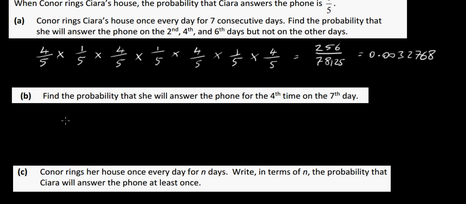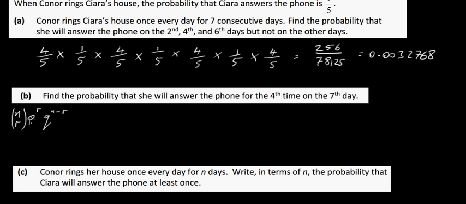So the way we do that is we use our formula for the Bernoulli trial, which is n choose r, p, which is the probability of success, to the power of r, and then q, which is the probability of failure, and that's going to be to the power of n minus r.